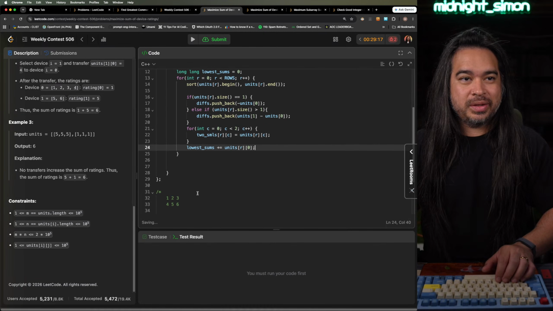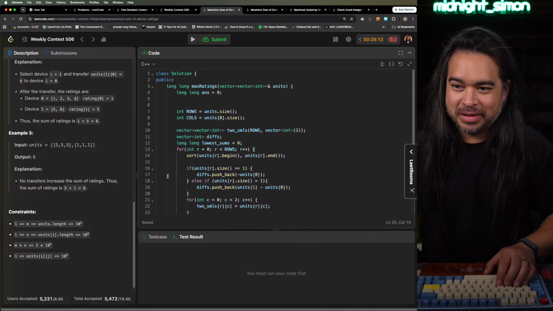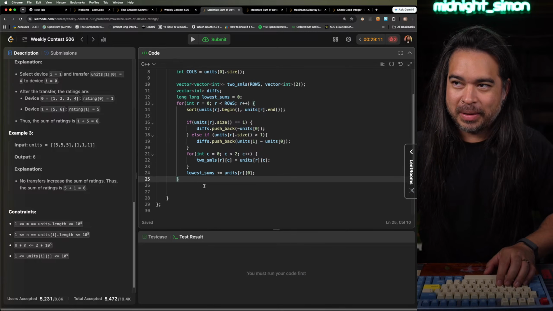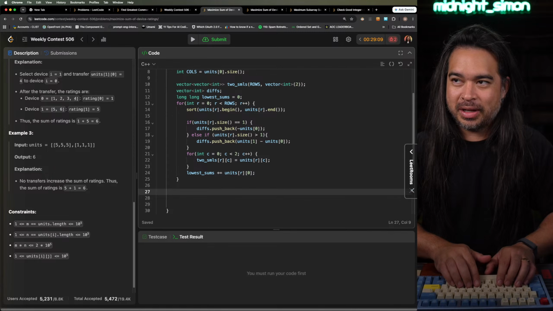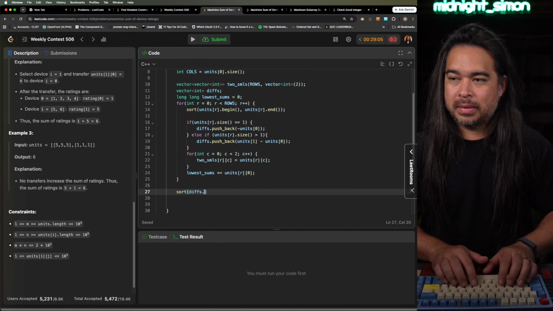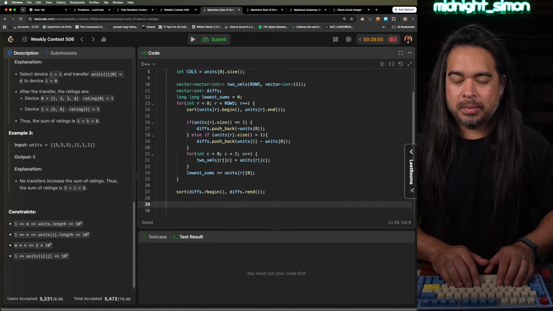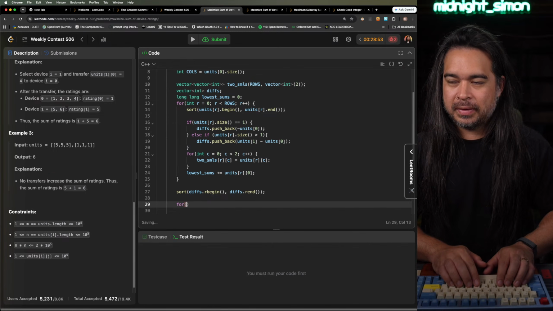Shit, I don't know what to do, man. I'm about to skip this problem, I think, after I try some nonsense. So maybe I'll just take half of the diffs, top half.